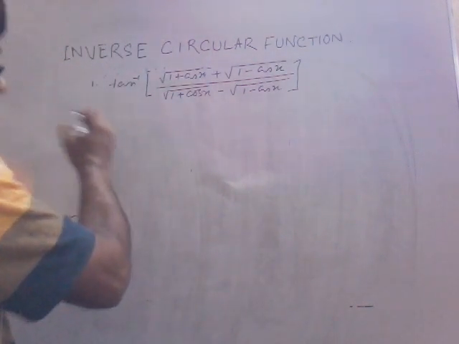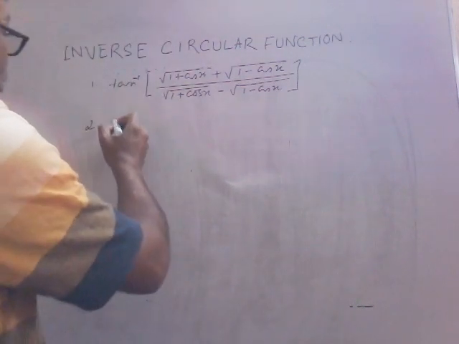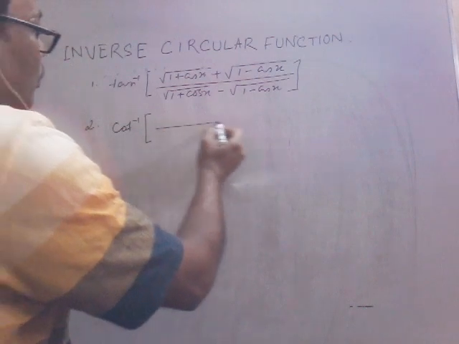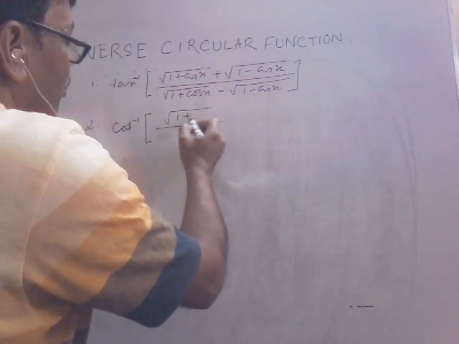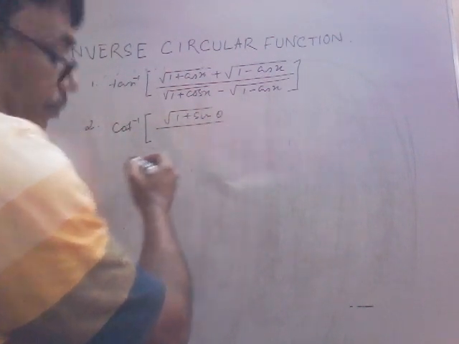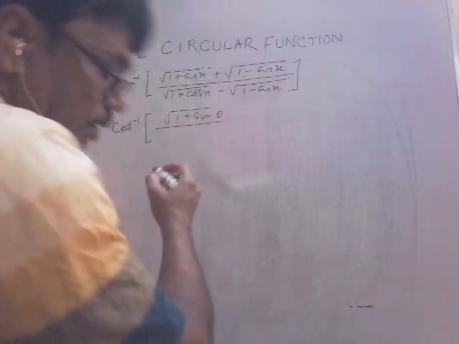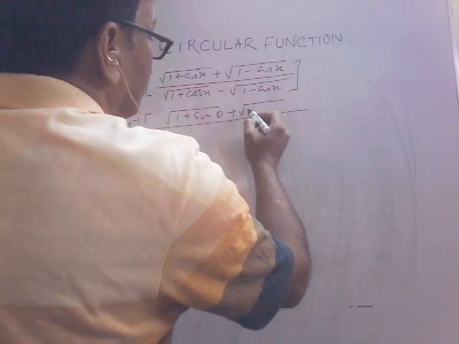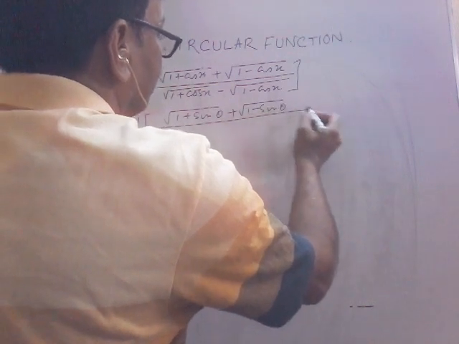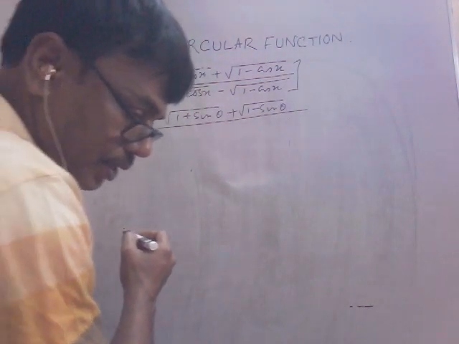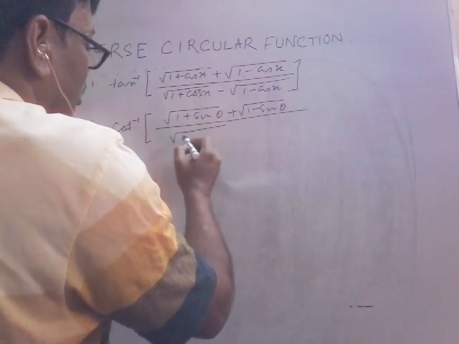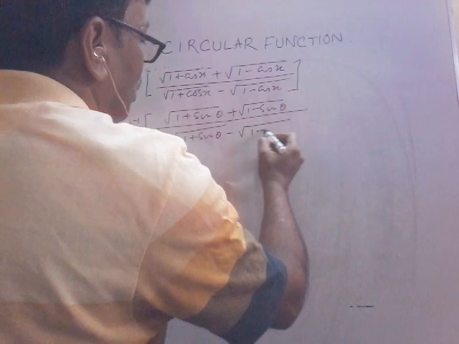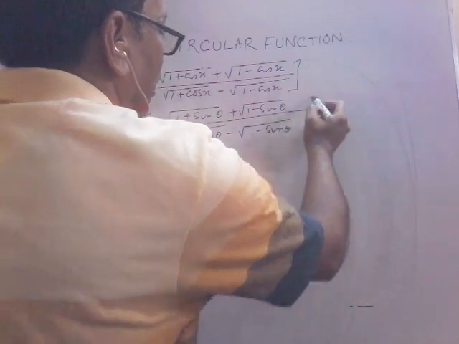Number 2, cot inverse of root over 1 plus sin theta plus root over 1 minus sin theta, divided by root over 1 plus sin theta minus root over 1 minus sin theta.